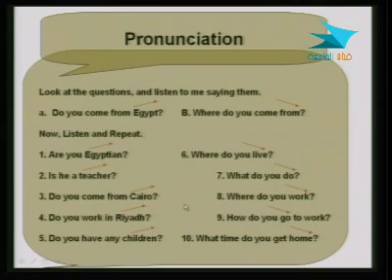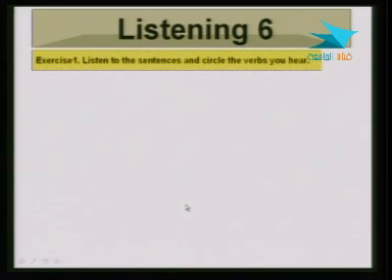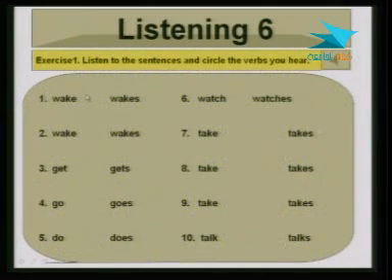Okay? All right. Now let's practice the simple present tense, and we'll start with a listening exercise. It says here, listen to the sentences and circle the verbs you hear. For number one, for example, you'll hear either this verb or this verb.